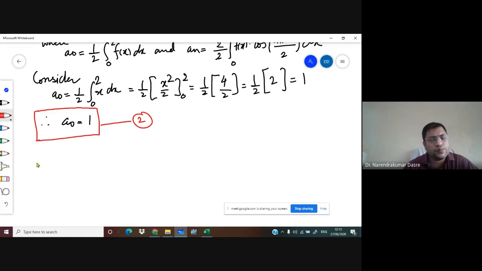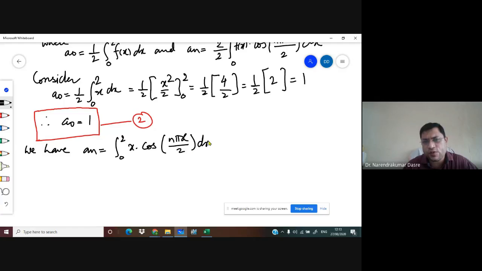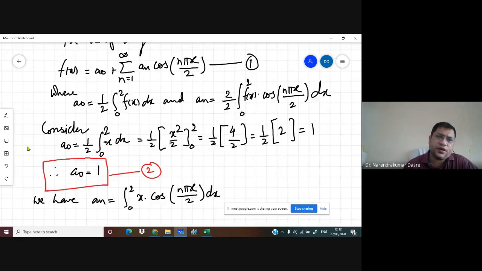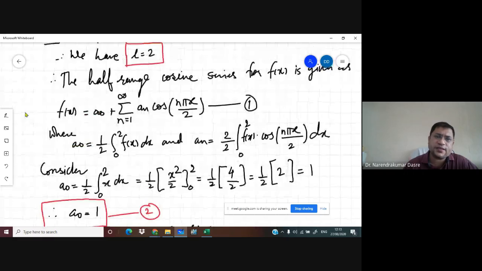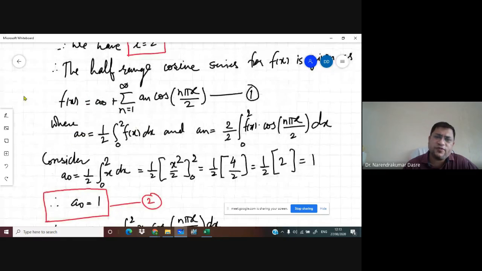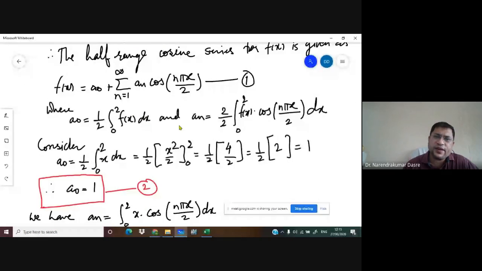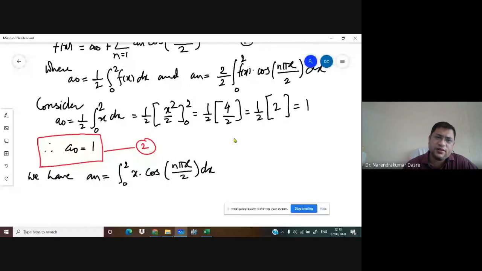This is equation 2. Now we have to consider what happens to an. So we have an is equal to integral 0 to 2 of x into cos of n pi x by 2 dx. You can see here the value of function is x. This 2 by 2 will be 1, and hence we get the formula for an.